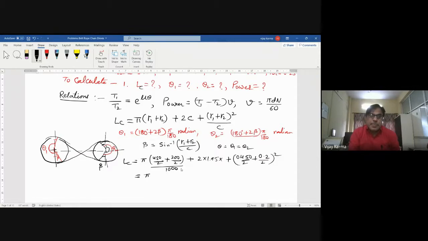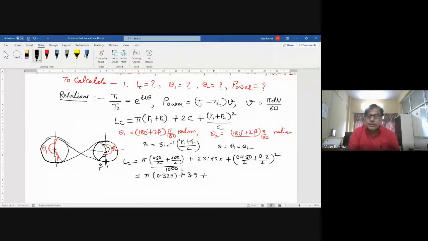So pi into 0.325, plus 2 into 1.95. 2 into 1.95 is 3.9.